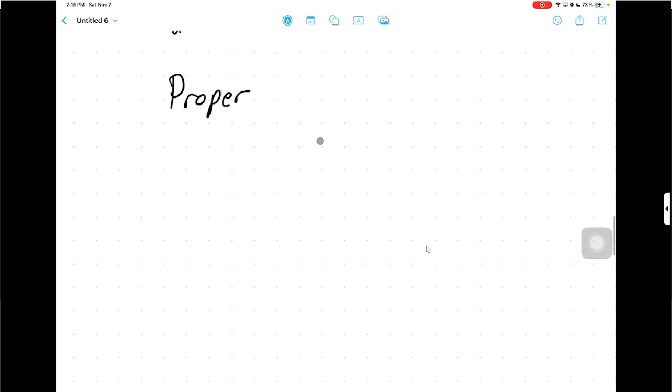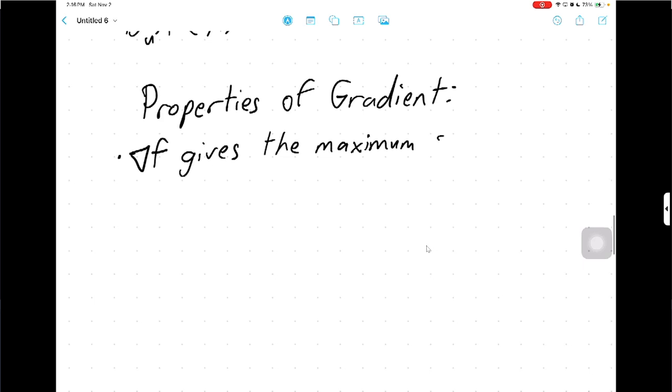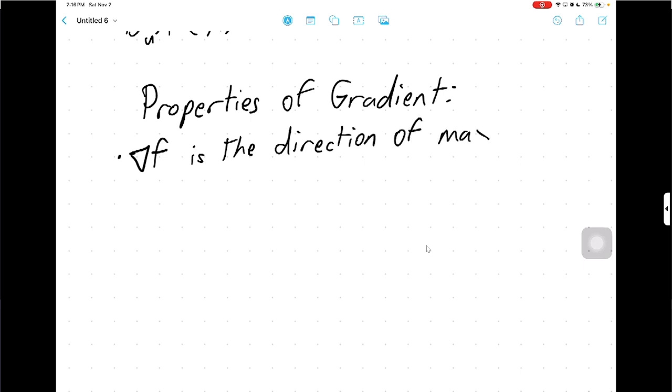Okay, so the properties of the gradient that we're interested in: the gradient of f is the direction of maximal increase.